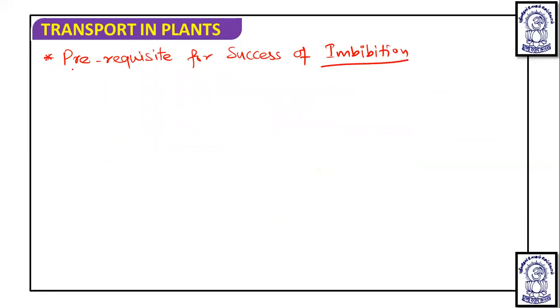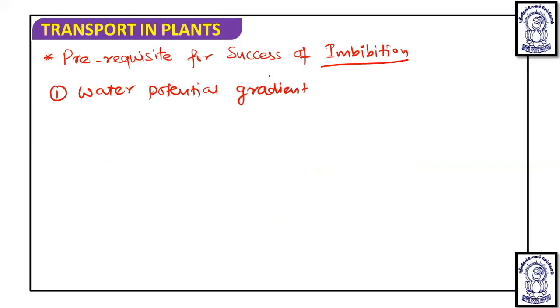Now, what is the prerequisite for success of imbibition? First, the requirement is a water potential gradient. It means water potential must be there.